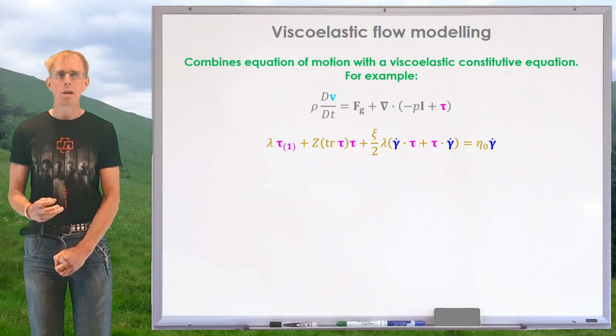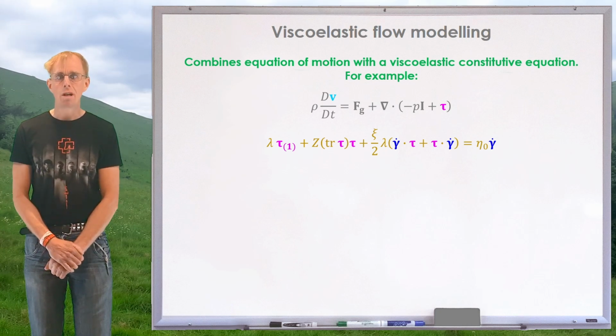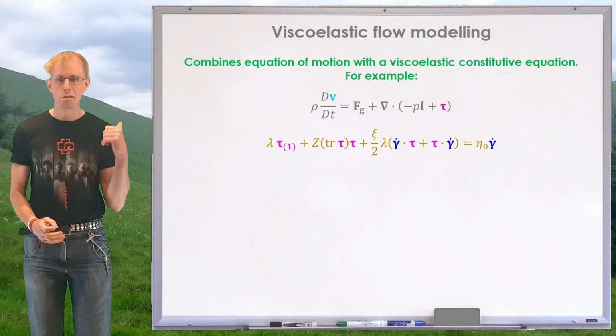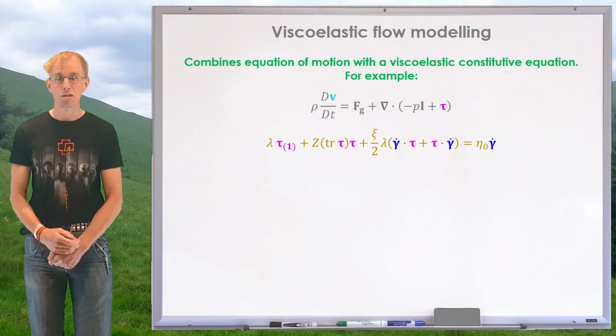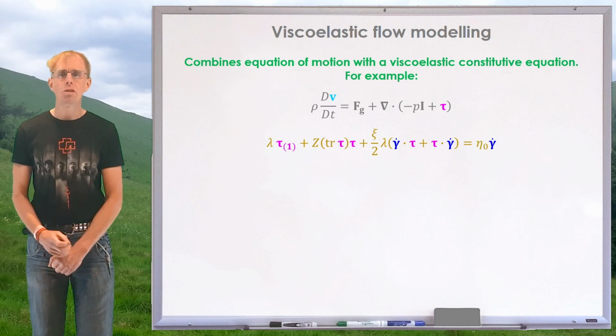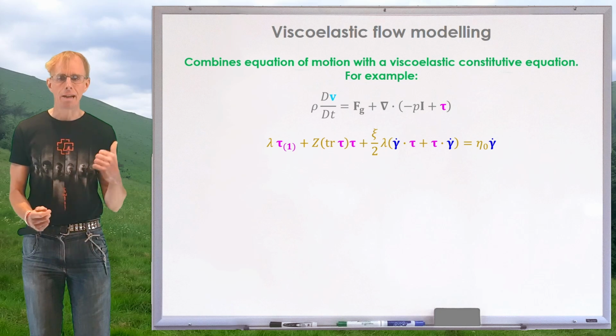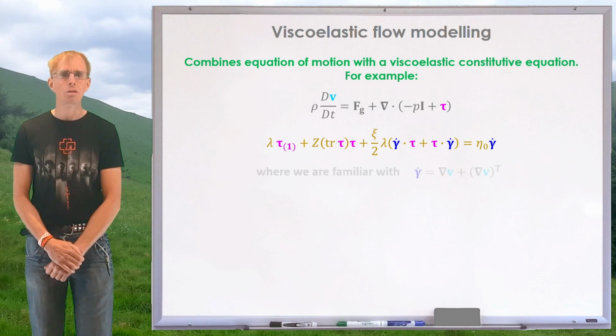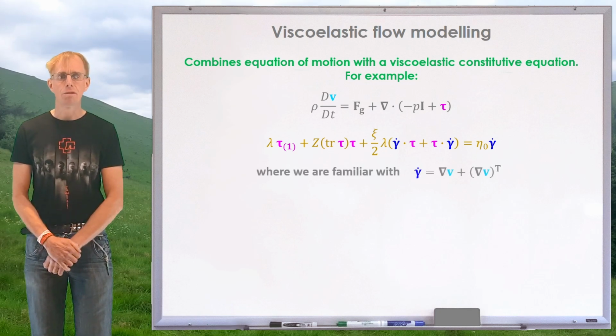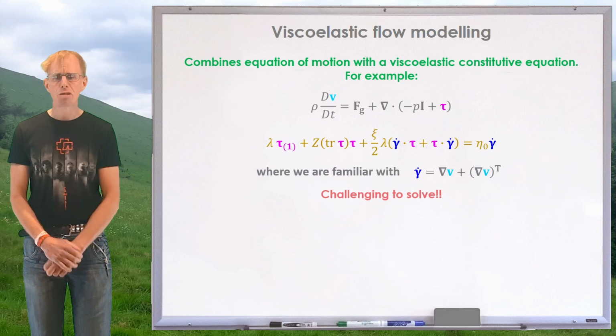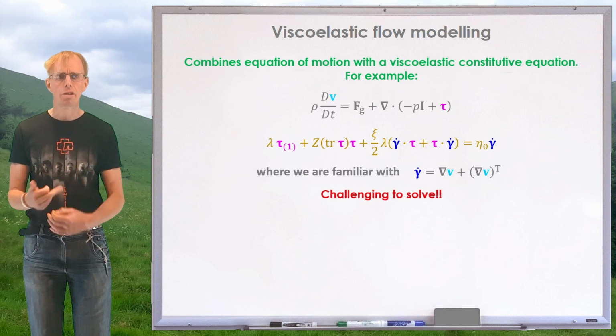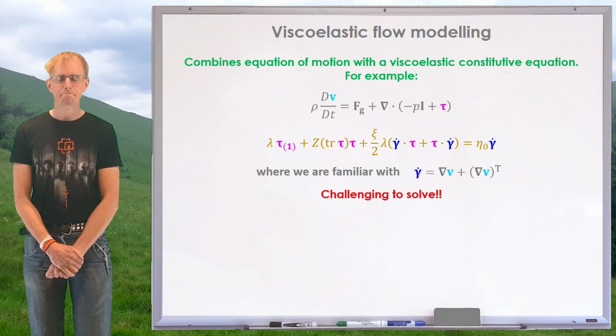So there we have a convected differential constitutive equation that has terms of stress, they're in pink, and its derivatives and its nonlinearities, and also terms involving velocity, gamma dot, because we know that gamma dot is simply grad v plus grad v transpose. And so it's these equations that we're now coupling together.